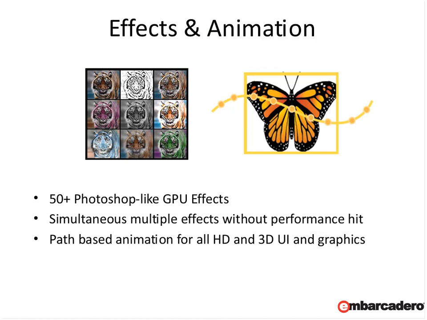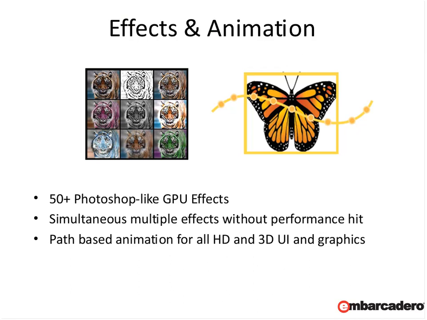So, talking about effects and animation. We ship with over 50 Photoshop-like GPU-powered effects. On the first graphic here, you see some of the effects that you can apply. If you're familiar with Photoshop or other graphics programs, you'll be familiar with some of these effects. They're, for example, black and white effects, blur effects, reflection effects. These are all effects that you can apply to images that you could render out images with, or you could also apply to user interface controls.